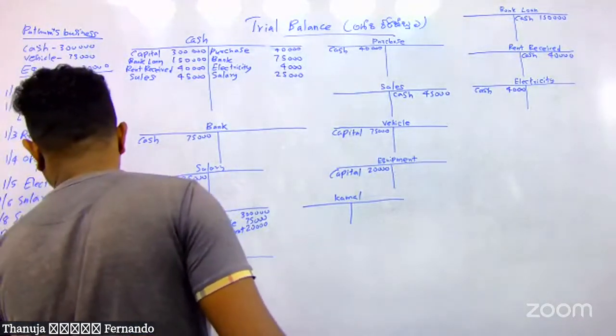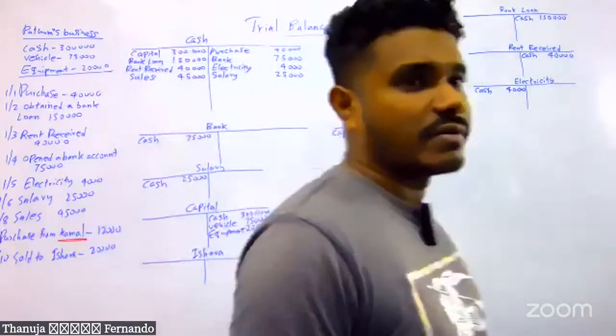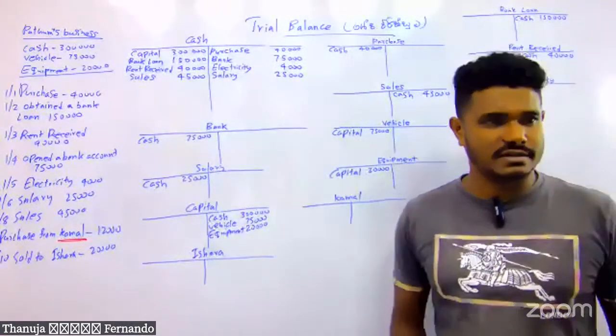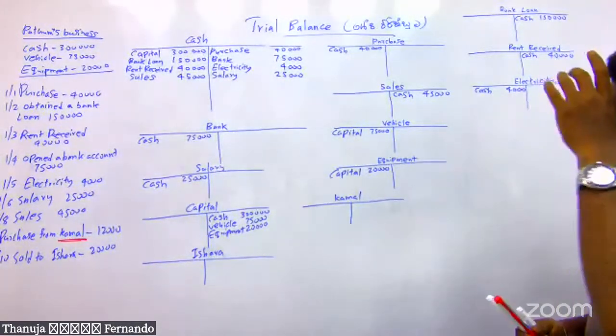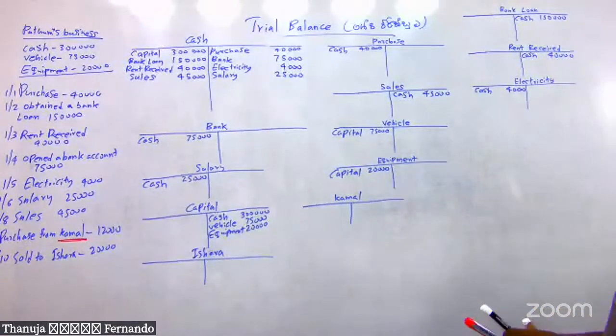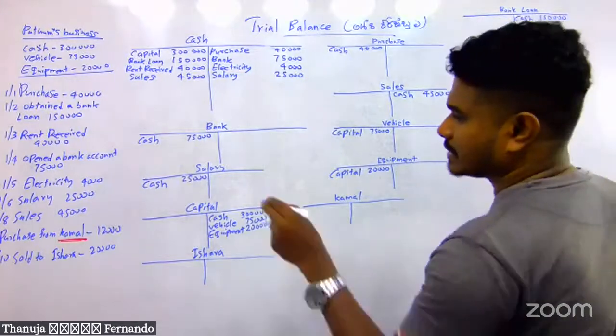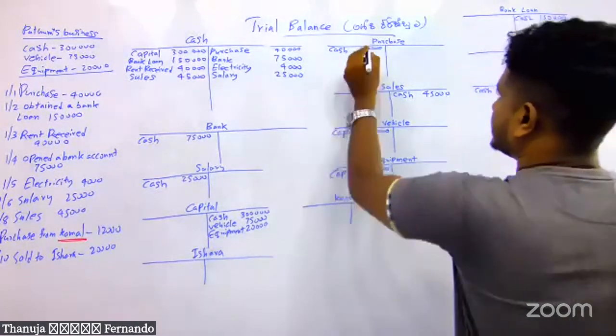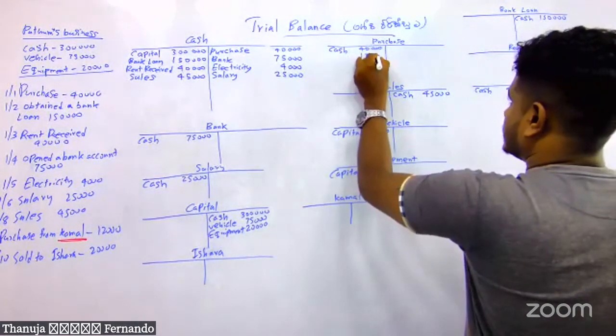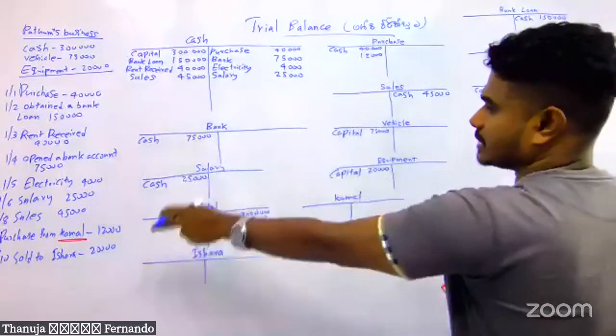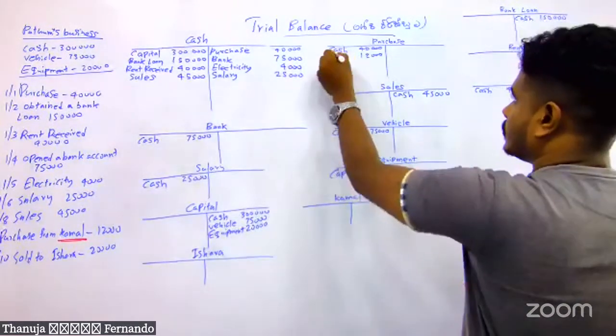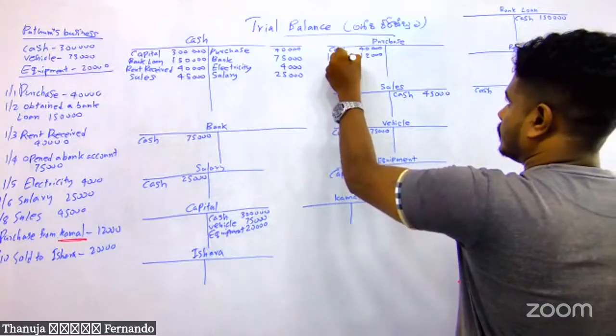The next one they have mentioned, purchase from Kamal. Purchase from Kamal means we have purchased on credit basis. This is not a cash purchase. Then purchase is an expense, increasing, debit 12,000. So we need an account for Kamal.